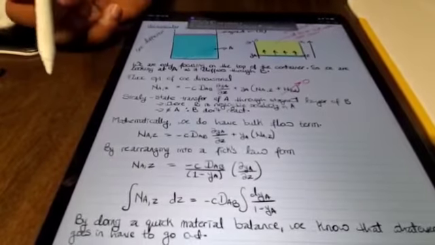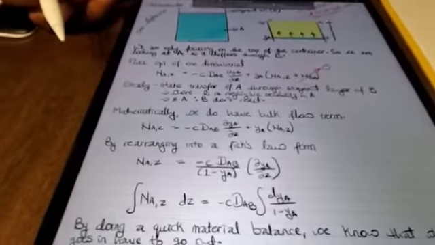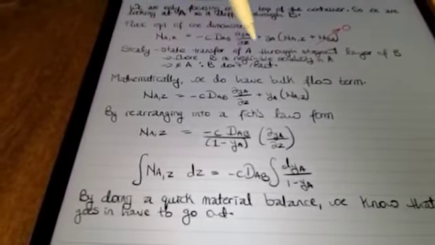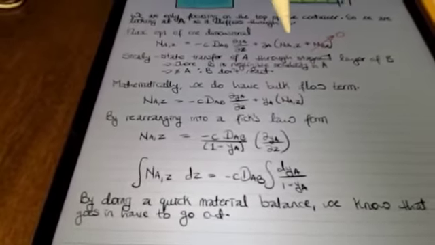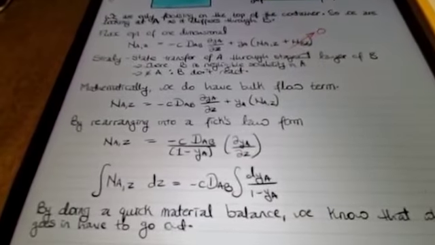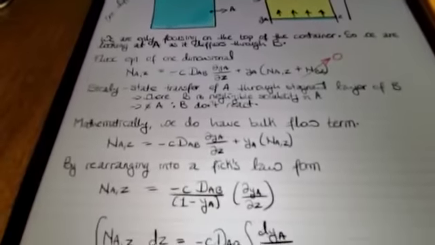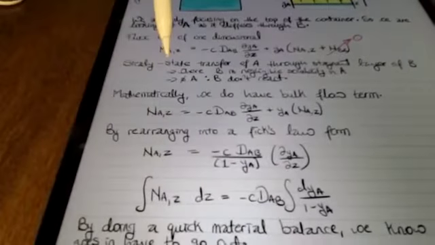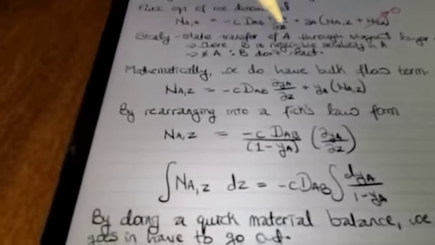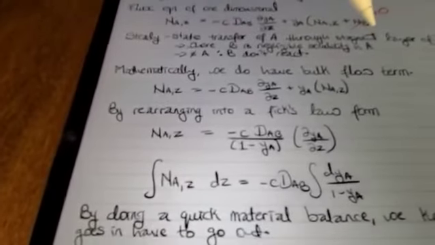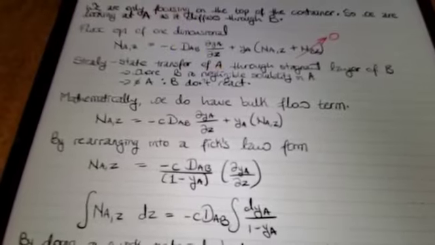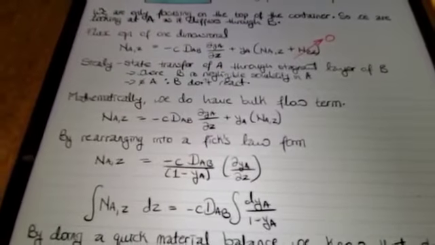In this case, what we'll be assuming is steady flow, the steady flow transfer of A through stagnant B, according to the diagram. And in this case, B is negligibly soluble in A, and A and B don't react. Both of them don't react, no matter what.